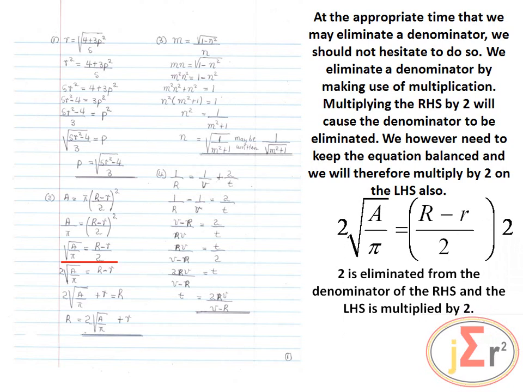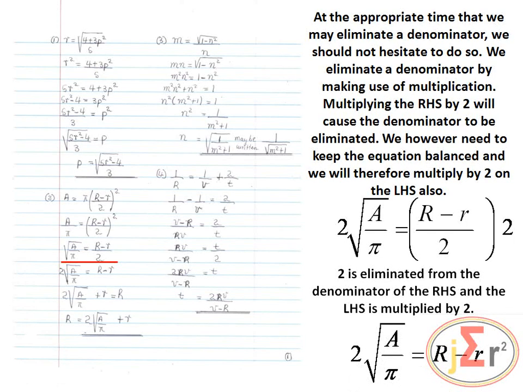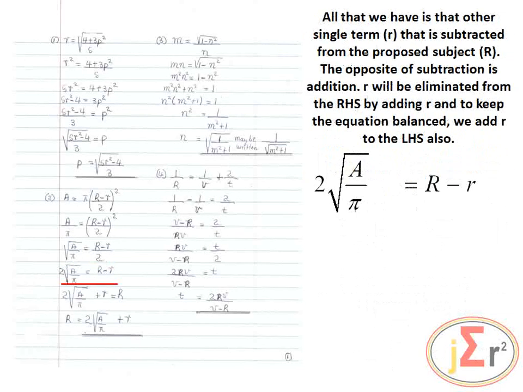So these two will eliminate each other, and let's see what happens. All that we have on the right hand side accompanying the proposed subject of the formula, which is the uppercase R, is that lowercase r. And how is that lowercase r related to that proposed subject?